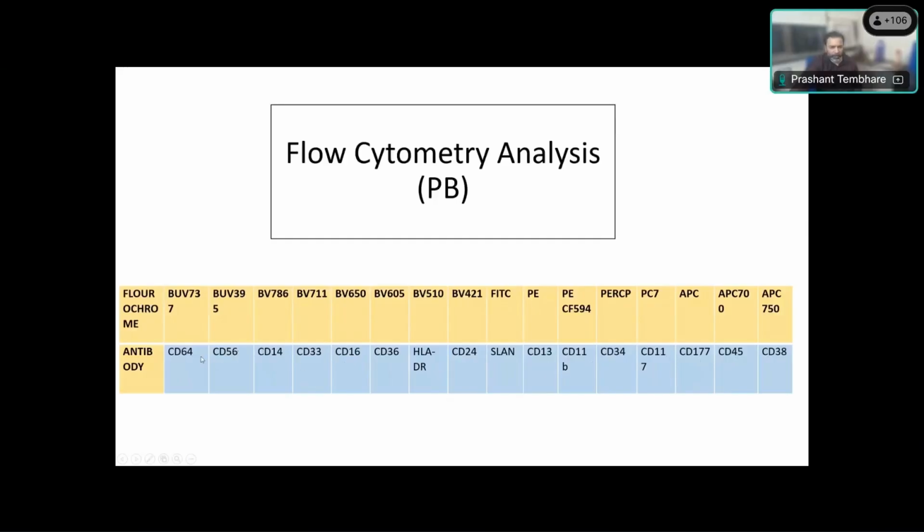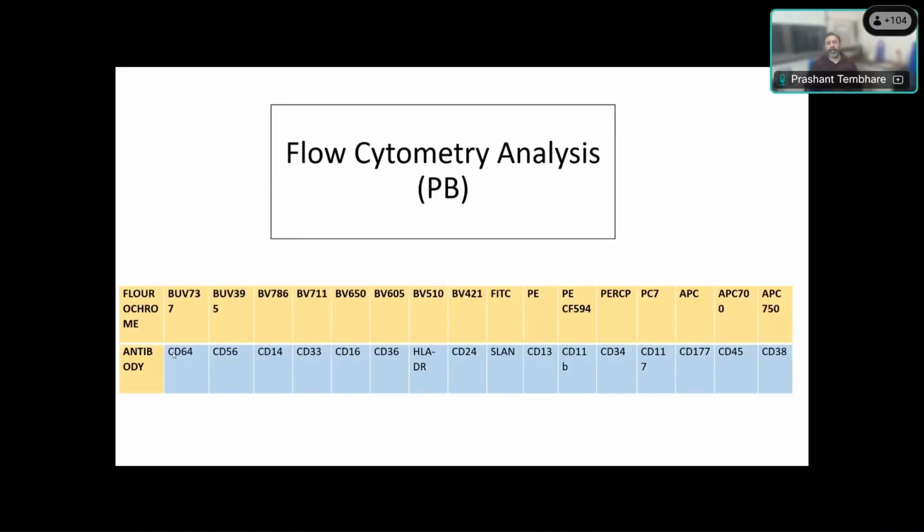We have markers of monocytes, CD64, CD14, HLA-DR. We have a marker which identifies granulocytes, that is CD24. We have markers to identify stem cells, that is CD38 and CD34. We have a marker for aberrant expression of CD56. All markers are there in a single tube.